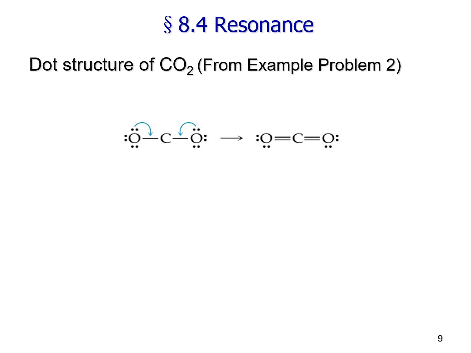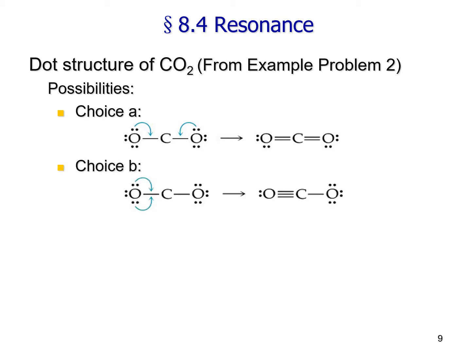But when we look at it, we find out that may not be the only choice for carbon to gain 2 lone pairs of electrons. Why? Because each oxygen, as we see, has 1, 2, 3 lone pairs. Let me put it this way: the oxygen atom all by itself can give up 2 lone pairs of electrons.